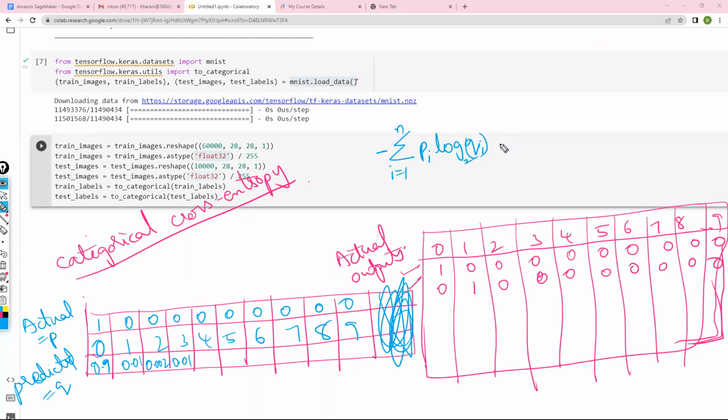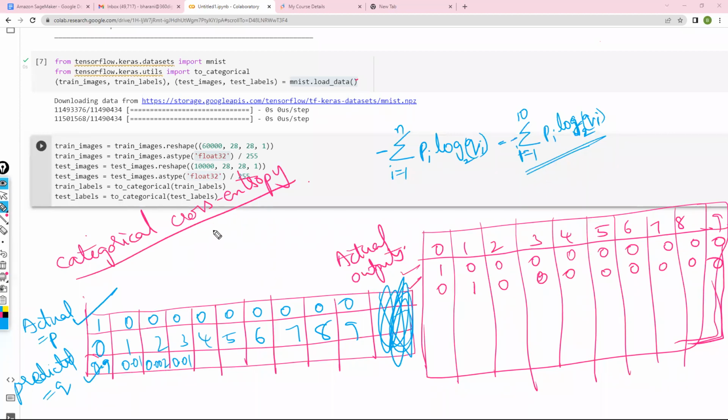Since you have 10 classes, you write it as summation of i equal to 1 until 10, pi into log of qi base 2. When you substitute i equal to 1, you get P1 into log of Q1, minus so on and so forth, right? You can expand it. And then you can substitute these P values and Q values, multiply to get the loss.